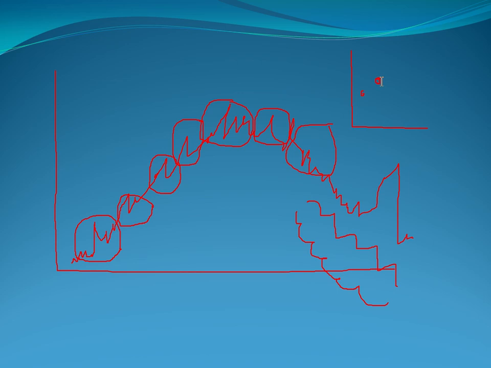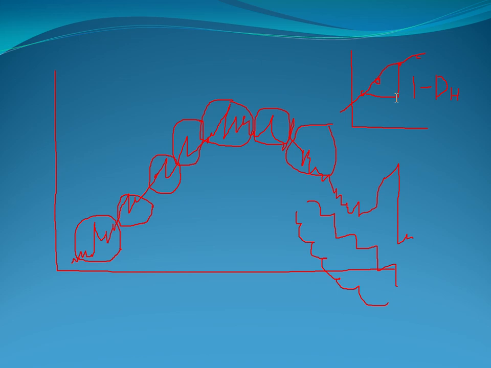Only you change the size of the circle, and you do it again, and then you do it again, and then you draw a line through it, and the slope of that line is 1 minus d sub h, known as the Hausdorff-Besicovitch dimension.